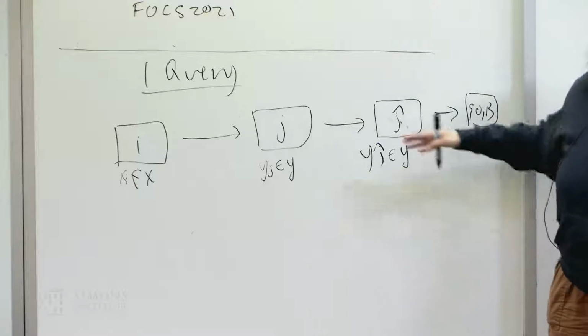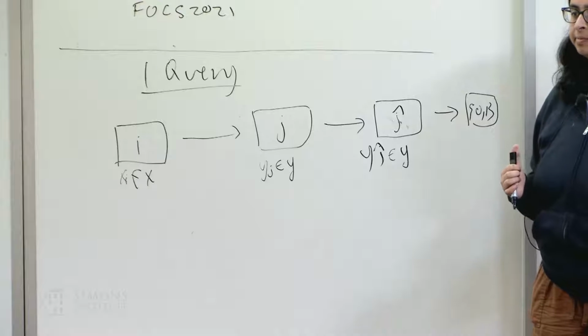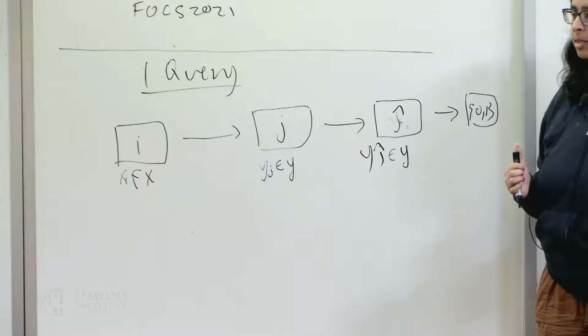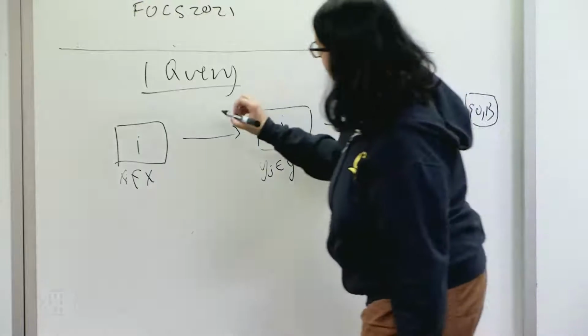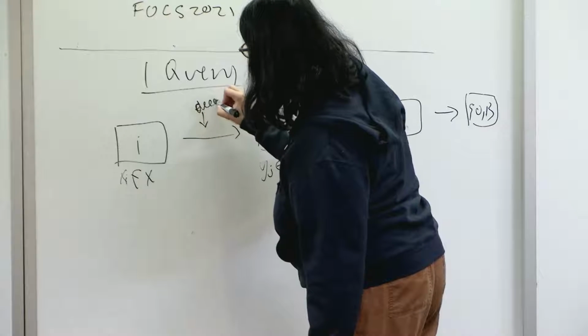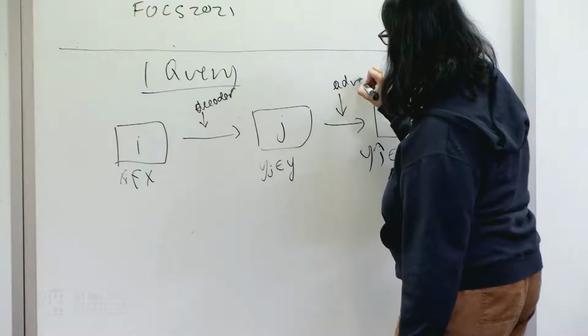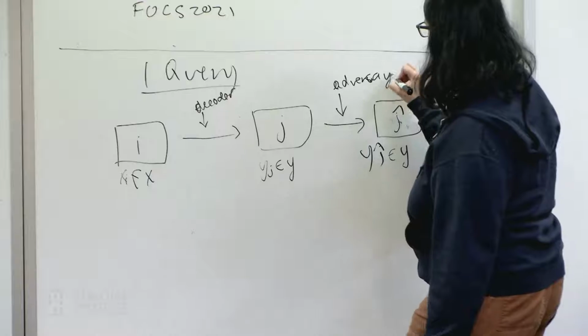Sorry, when you say probability, is that over the coin tosses of the algorithm, or are you also assuming that errors are introduced randomly? Right. This is the decoder, and I just mean over the adversary.